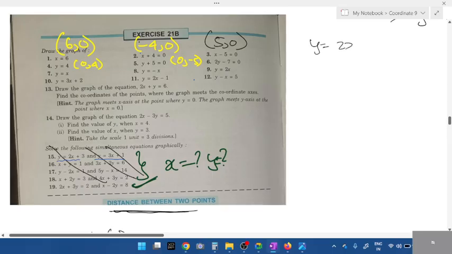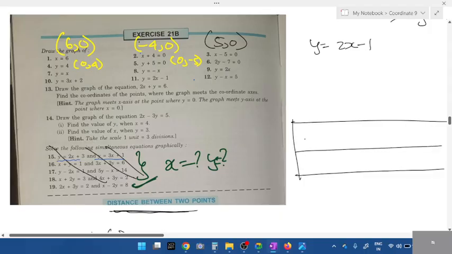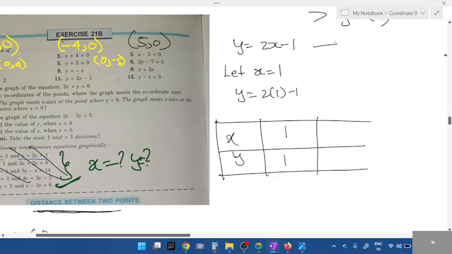Y is equal to 2x minus 1. Right here. Let x is equals to 1. Y also will be 1. Then put x is equals to minus 1. Let x is equals to minus 1.